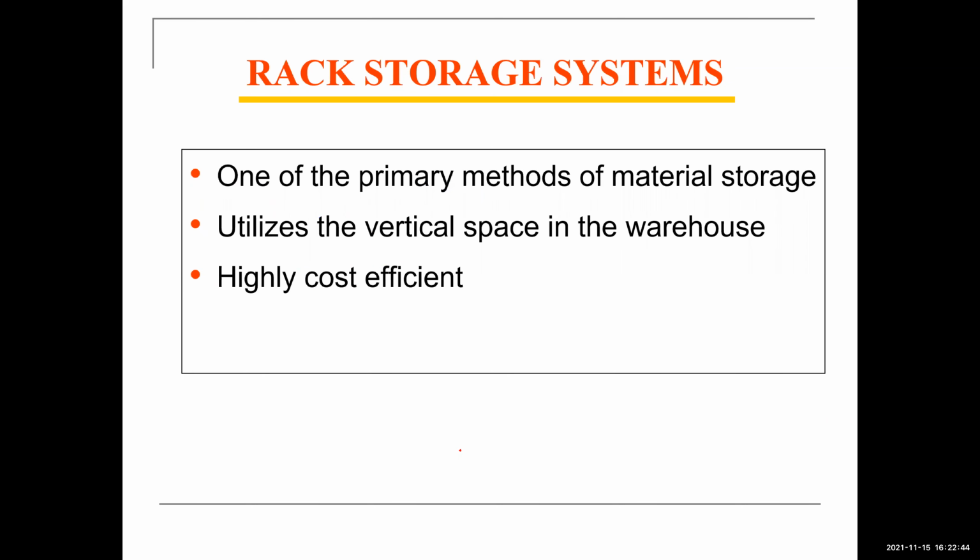So rack storage systems, this is one of the primary methods of material storage. Basically the idea is to use vertical space in the warehouse, and it's very cost efficient. You have space not only horizontally but also vertically to store your product. Obviously, you need some type of truck to help you load and unload those products, but it's very cost efficient.